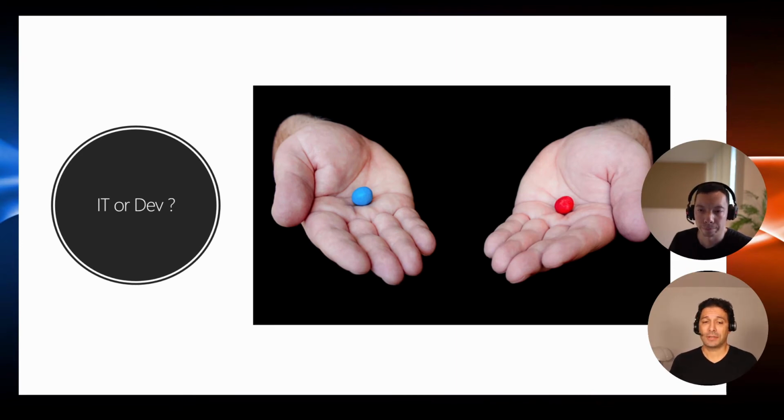Also, we all have a tint. We can be a blue or red. You can be an IT or a dev, and basically there is a reason for that. The reason is based on your education. Maybe during your studies you learned some dev tools or dev approach, and your studies were more focused on development.